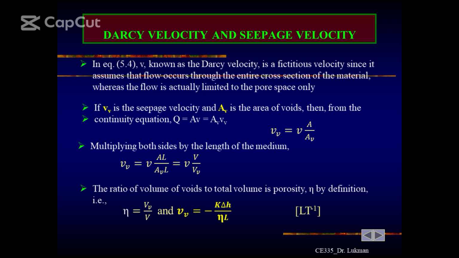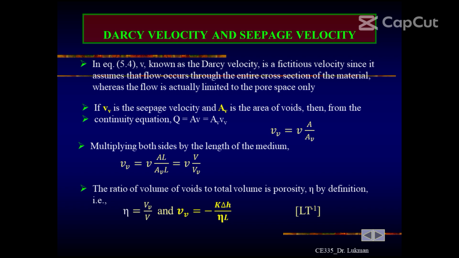Number of voids. Can you count the number? Okay, number of voids. Go ahead. It's just the number of voids in a medium, right?